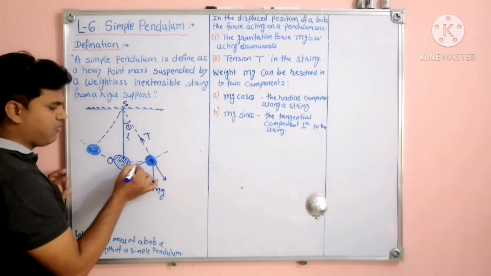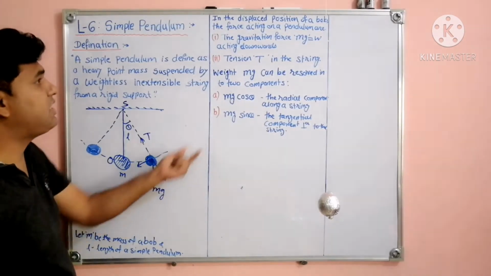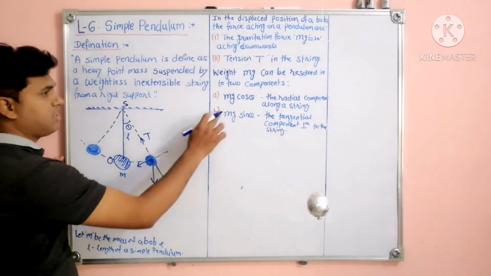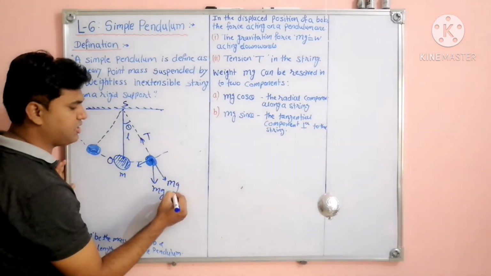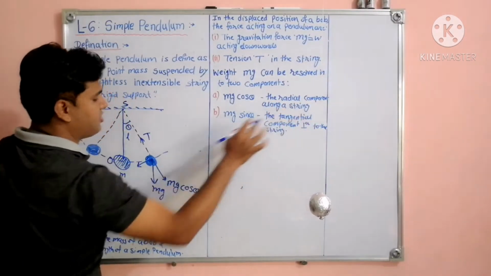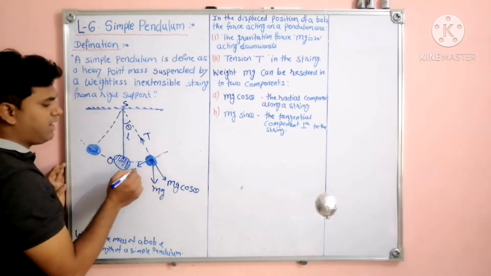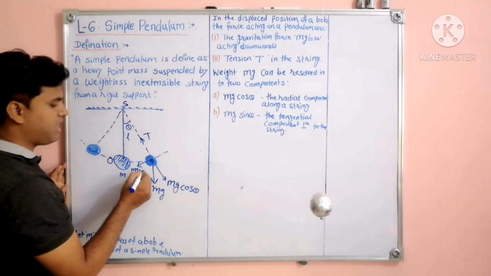Here is one component and this is another component. We write the weight mg can be resolved into two components. First, mg cos theta, the radial component along the string. Okay, and the other component, mg sin theta.